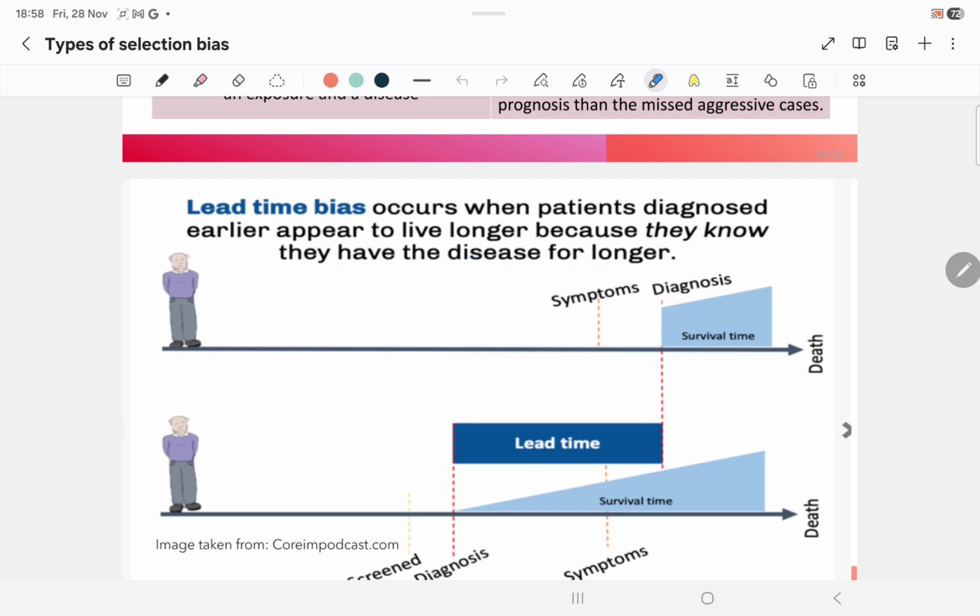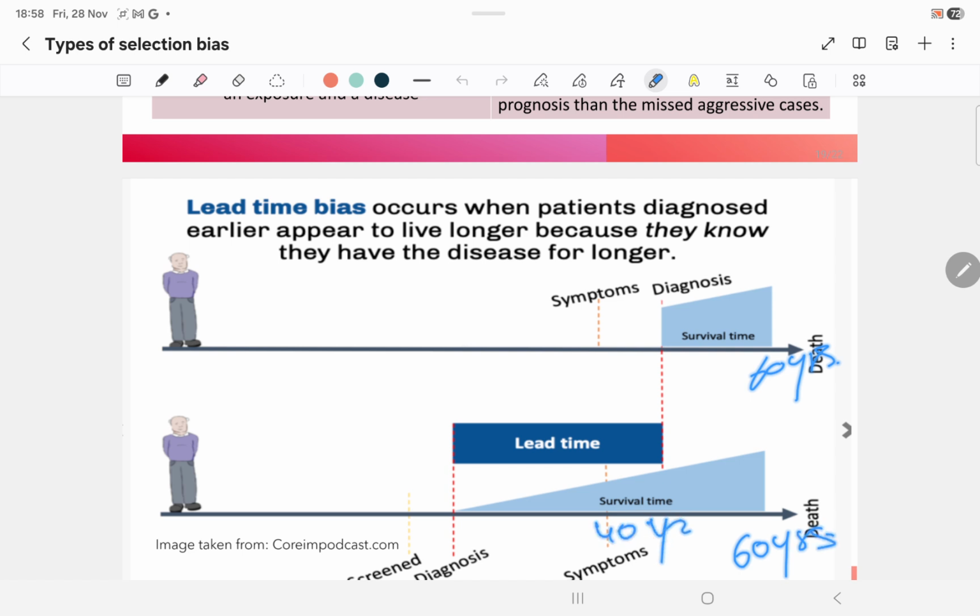So, if this is a disease, this is a survival time, and symptoms develop here. If you do a screening and you make a diagnosis here, the patient might think that I have lived so long after the screening procedure. So, screening might have increased my survival period, but this is not the case. The patient died at the same time. Suppose this is 60 years of age in both the cases.